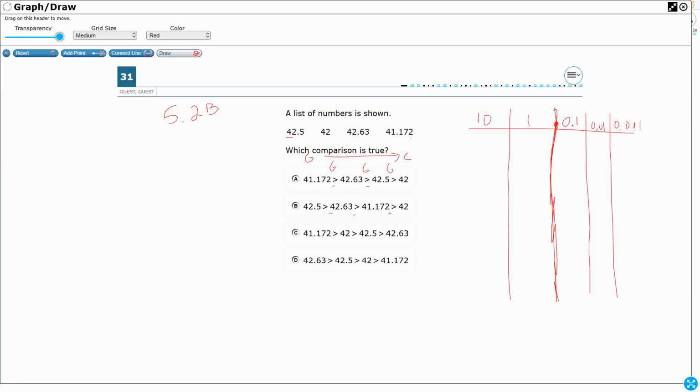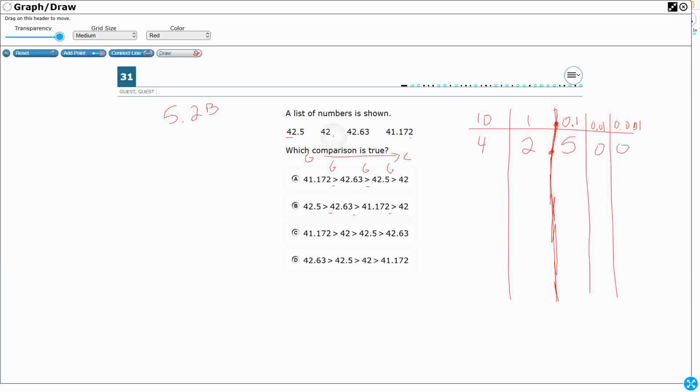And as always, we're going to put some extra zeros in after the decimal just to make things a little bit easier. So 42.5, using the decimal place as my marker, it's going to be 42 and 5 tenths. Let's go ahead and make 500 thousandths.